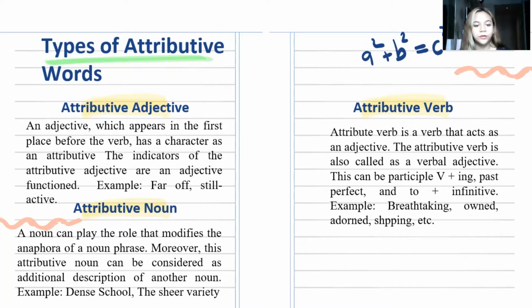Moreover, this attributive noun can be considered as an additional description of another noun. For example, dance school and the sheer variety. And the last is the attributive verb, which acts as an adjective and can be a participle verb plus ing, past perfect, or to plus infinitive. For example, breathtaking, owned, adorned, shipping, and so on.